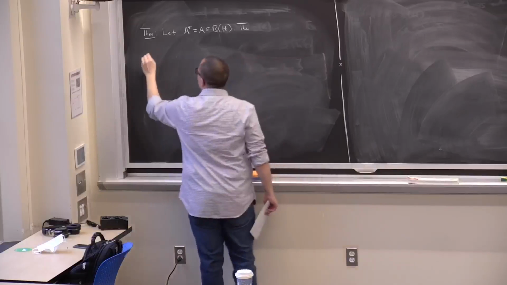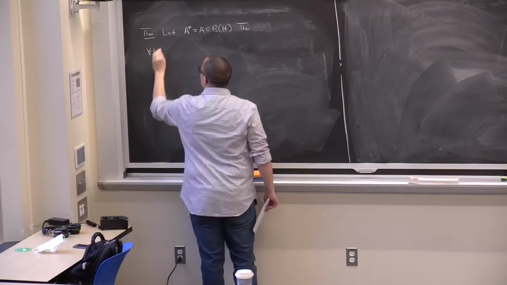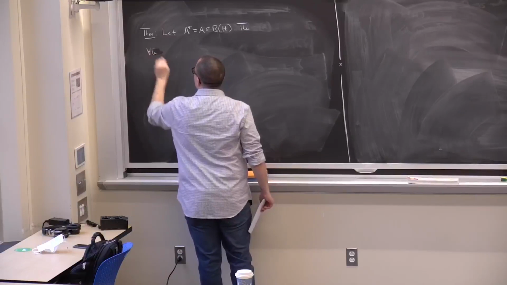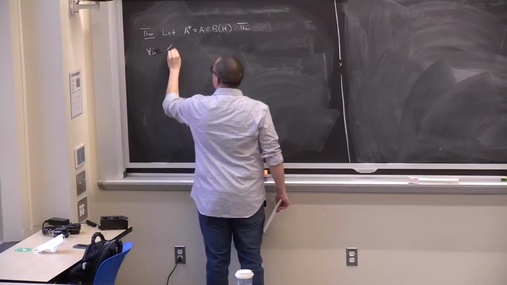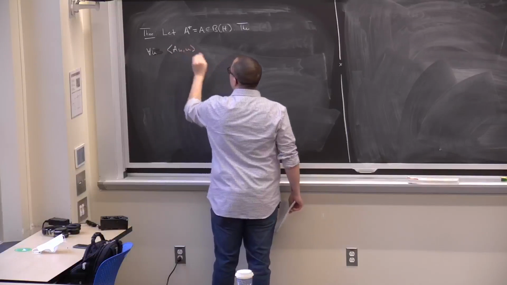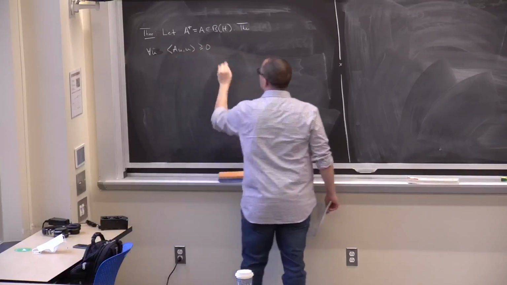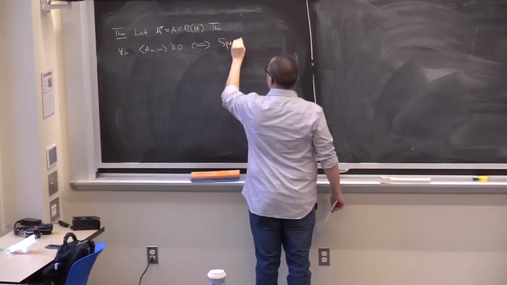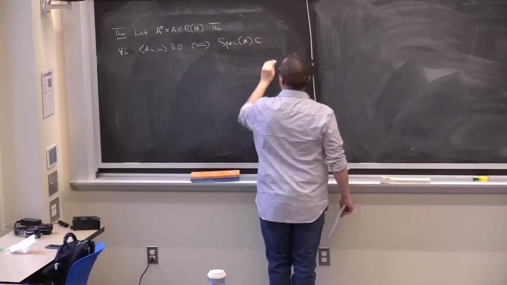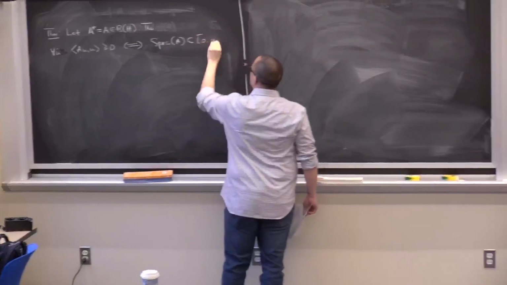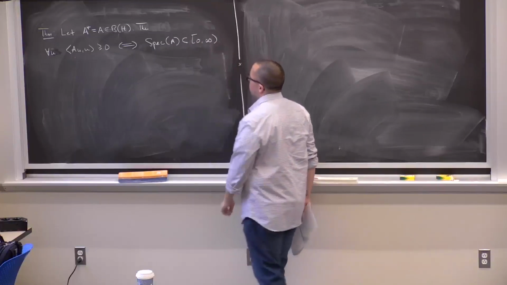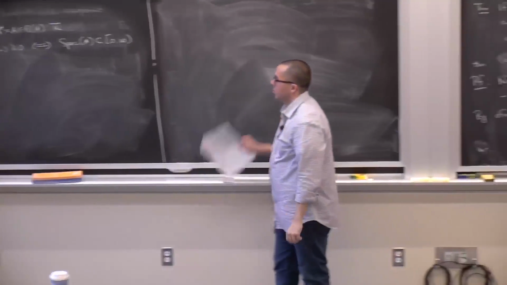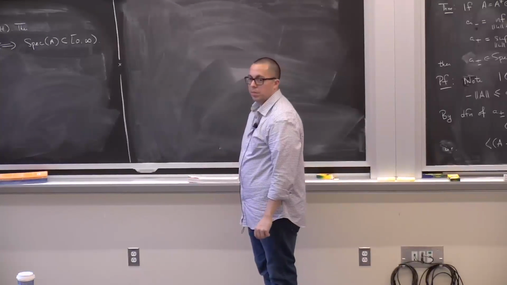Then for all u, the inner product of Au with u is bigger than or equal to 0 if and only if the spectrum of A is contained in the non-negative numbers. Okay?